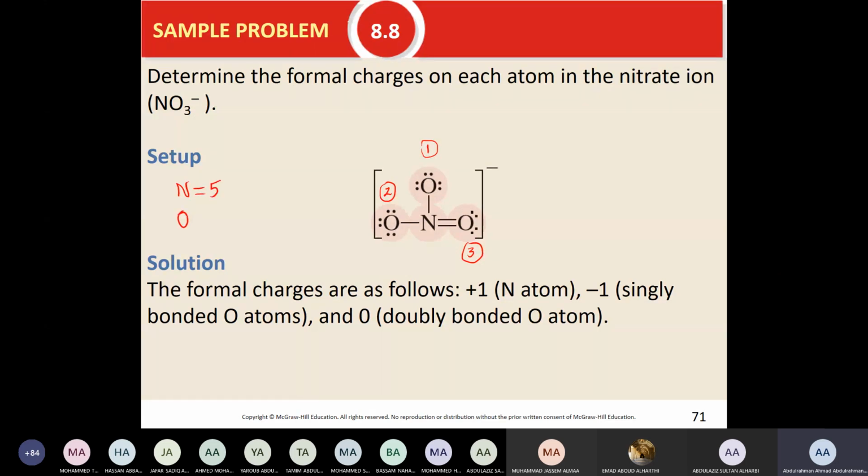Okay. How about oxygen? We know this. 6. What should you do to know the formal charge? Instead of bonds, make them dots like this. And then you have these two, and this is the other oxygen, and this is the other oxygen.